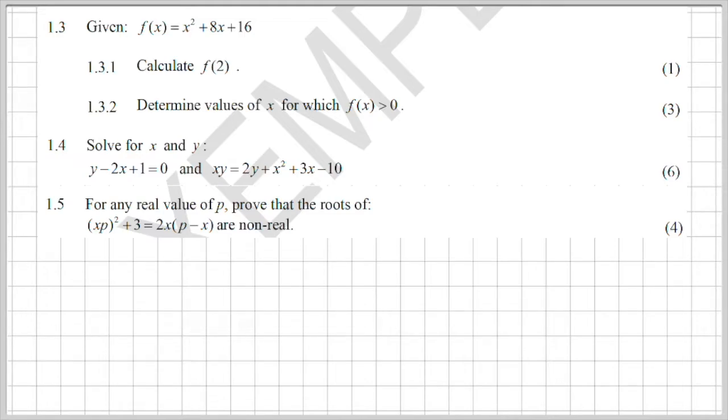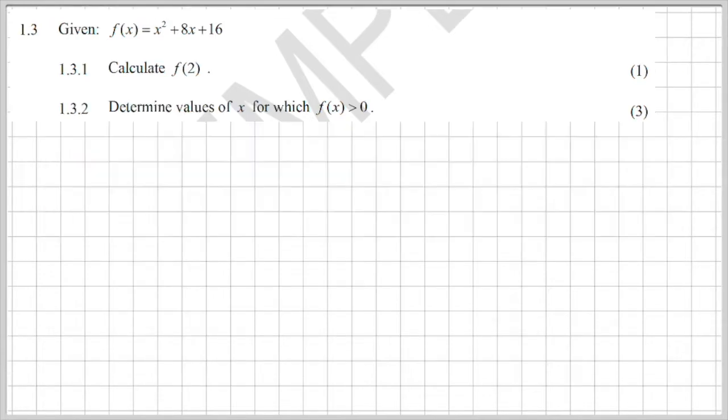When we look at question 1.3, I'm basically going to go down a rabbit hole. I love to do this because I don't necessarily always think about what is being asked. I like to think about what could they ask. So if I look at question 1.3, they are saying, given that f of x is equal to x squared plus 8x plus 16, first of all, it is a parabola.